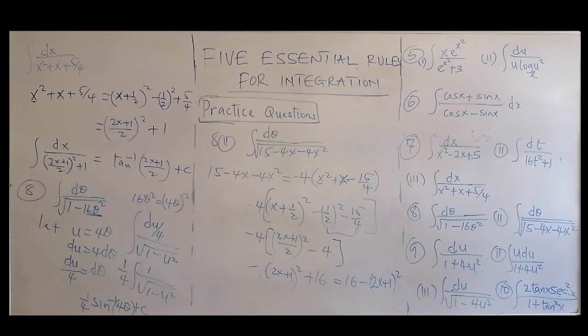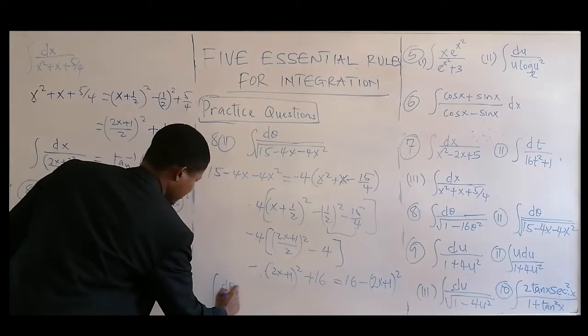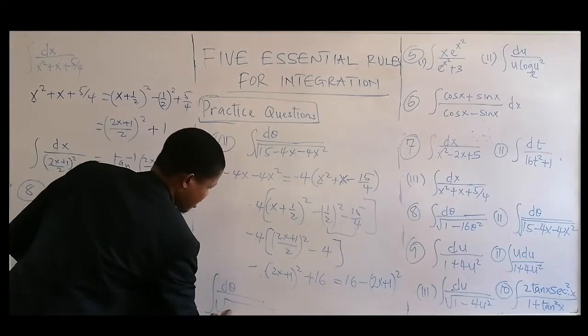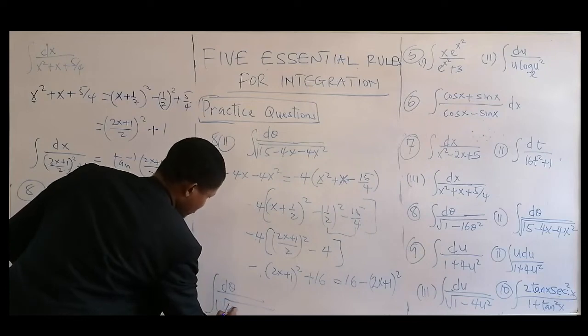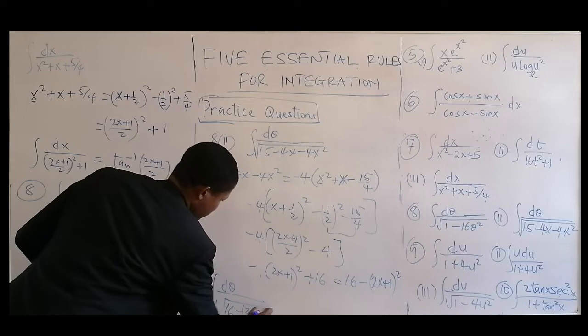Then we can go back to our integration, and that will be equal to the integral of dx all over the square root of 16 minus (2x plus 1) all squared.